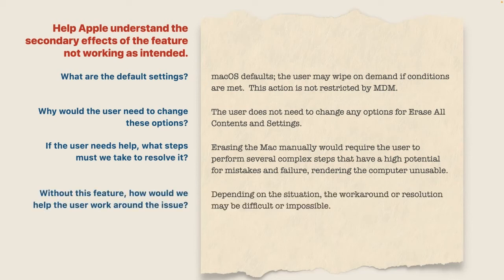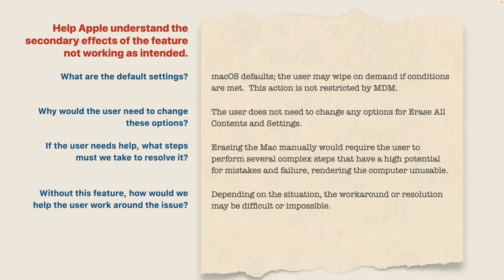Again, these are all going to differ based on your organization. And the purpose of going through this exercise is to spell out what your story is going to look like. And this is going to be different for every organization. Finally, without this feature, how would we help the user work around the issue?